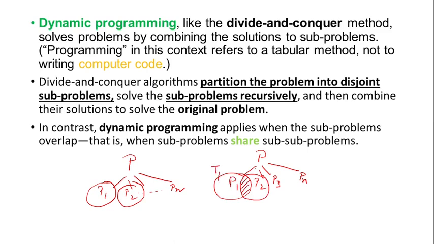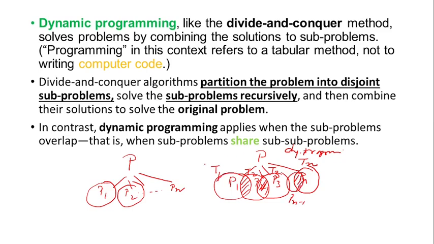Let's say this is table T1, this is table T2, this will be table T3 like that, and the last one will be table Tn. In dynamic programming, this is what is going to happen. So every time it is shareable. Pn and Pn minus 1, these two problems also will share something. So these are all tables.